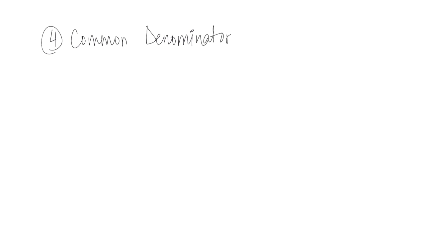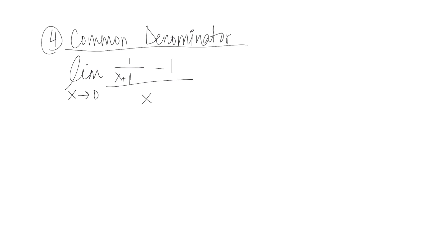Okay, so this one we're going to have the limit as x approaches 0 of 1 over x plus 1 minus 1, all over x. Okay, so issue here, once again, I can't plug in 0 because the denominator of the entire fraction would become 0.